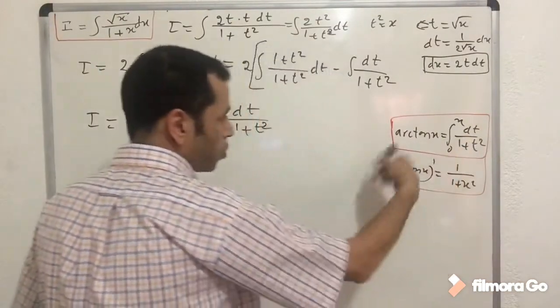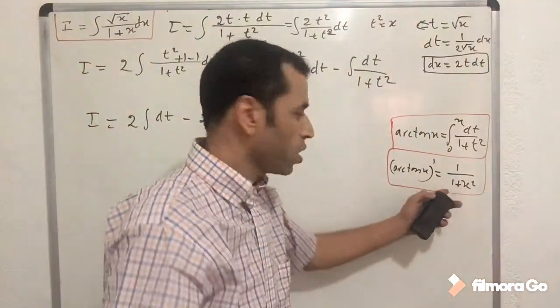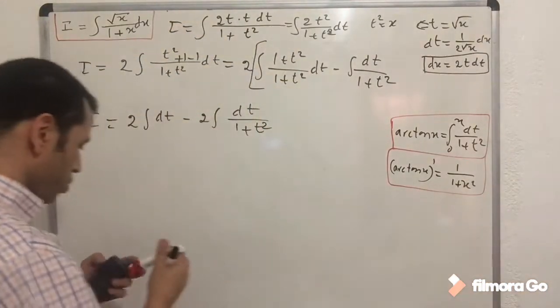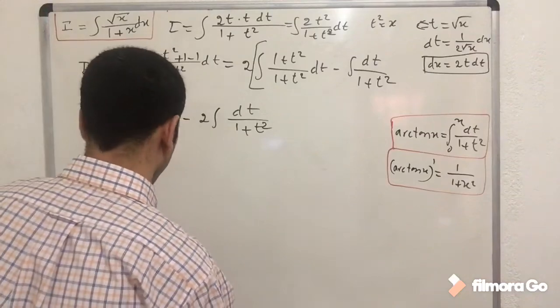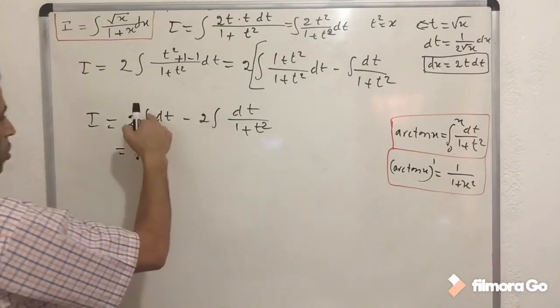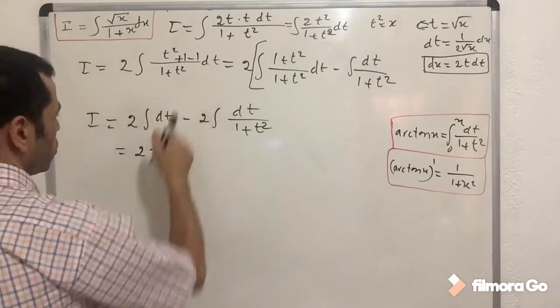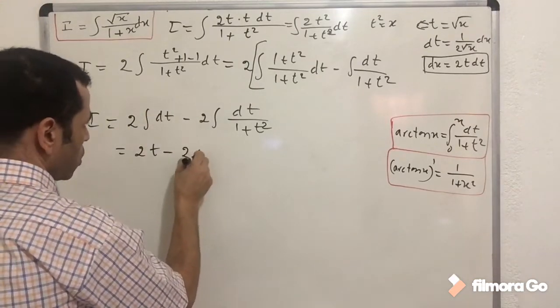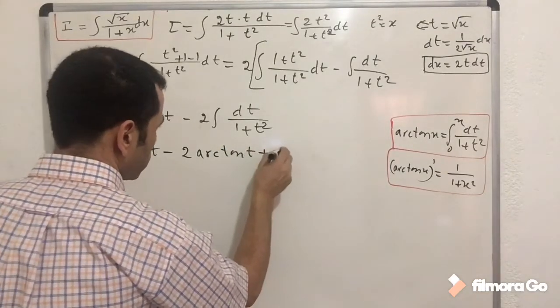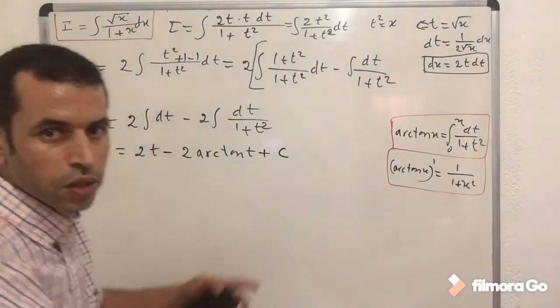If you want to go to the derivative, you should differentiate this function. Okay, so let's continue our integral. Your integral becomes 2t, because the primitive of 1 is t, minus arctangent of t, plus c. Don't forget the constant c.